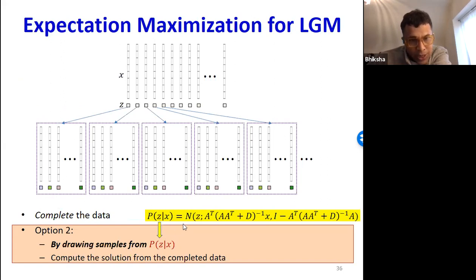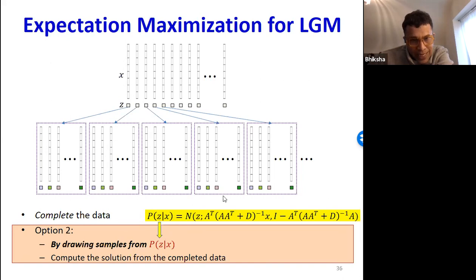So we're going to draw samples from p of z given x. And then once we've drawn samples, you have completed data where each vector has been expanded into many copies of the same vector, but each with a different value of z, where the z has been drawn from p of z given x.